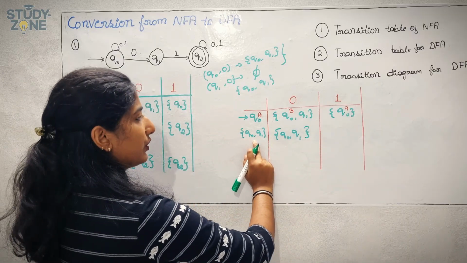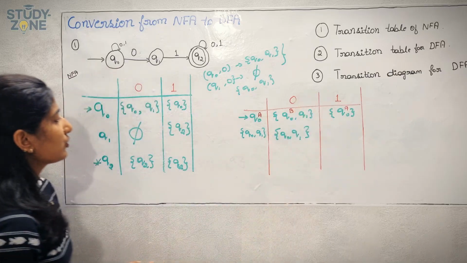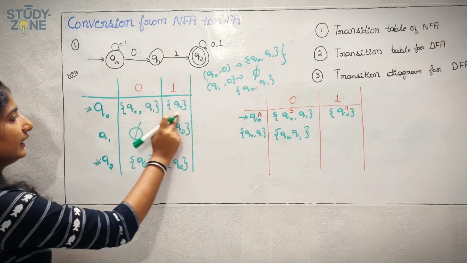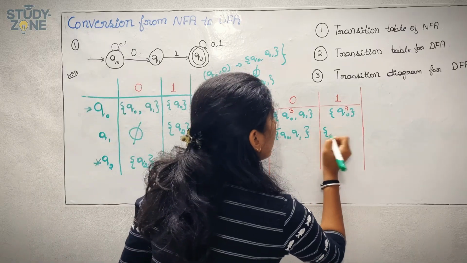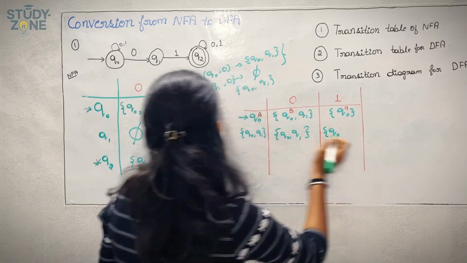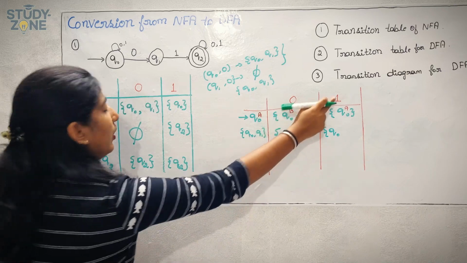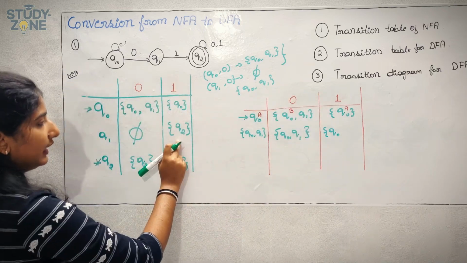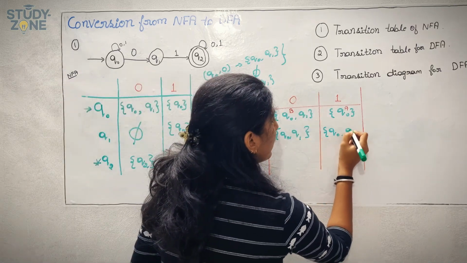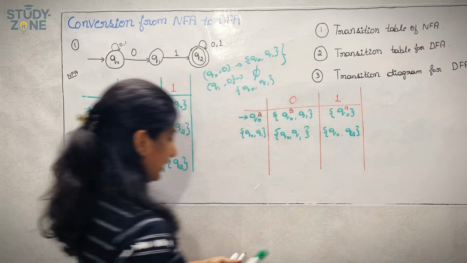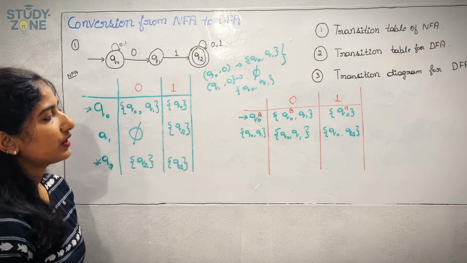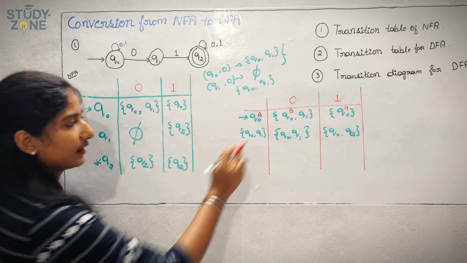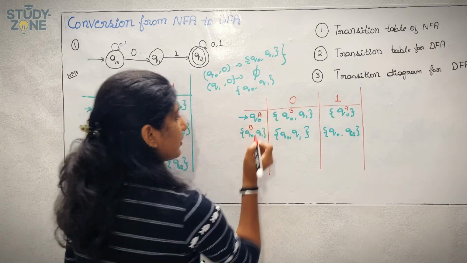Now check it for Q0, Q1 on 1. So Q0 on 1, Q0, and done. Q1 on 1, it will be moving to Q2, right? So Q0, Q1 we named already, that is B, write this only.